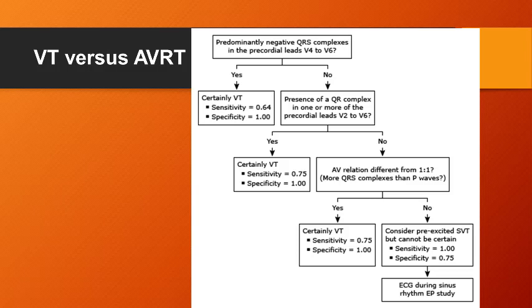If a one-to-one AV relationship is not present and there are more QRS complexes than P waves, VT can be diagnosed. When any of these criteria are met, VT is likely. However, if the ECG does not display any of the three morphological diagnostics of VT in this algorithm, the diagnosis of antidromic AVRT must be considered.